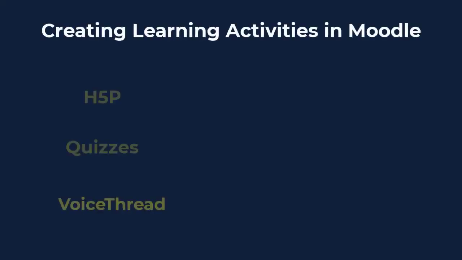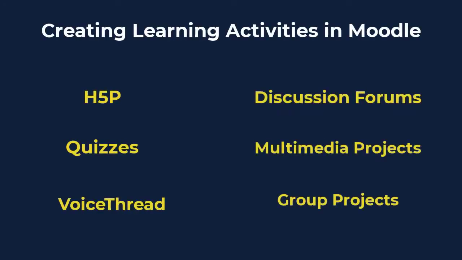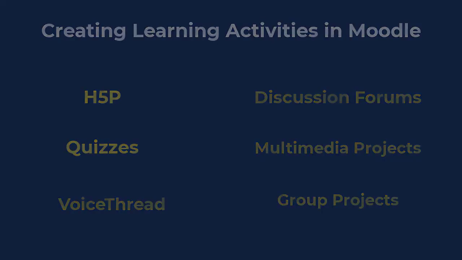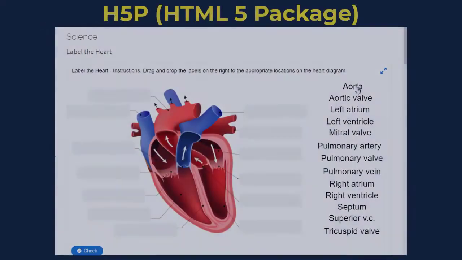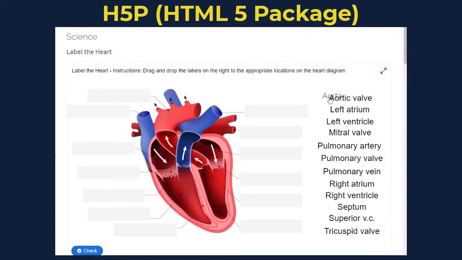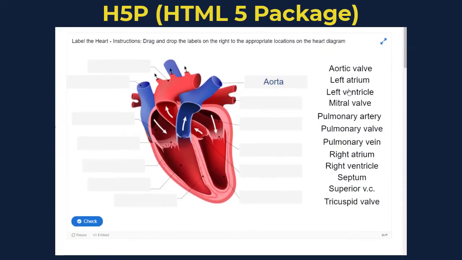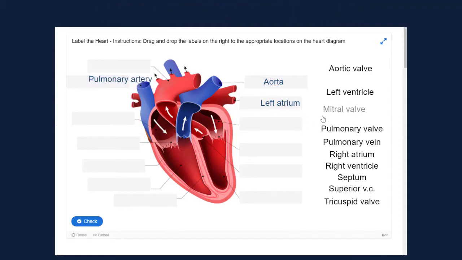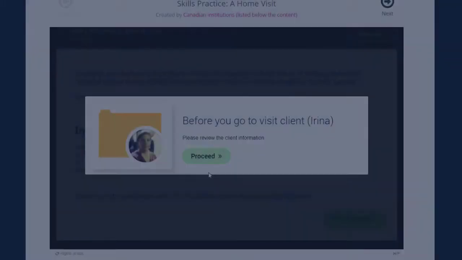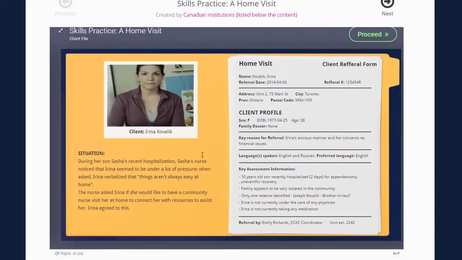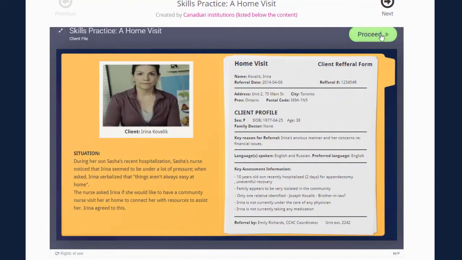Next, we're going to cover some various activities and tools that are available in Moodle to help you create your engaging learning activity. H5P, short for HTML5 Package, is a plugin tool that helps produce and run interactive content within Moodle and can be used to create embedded quizzes and games, slideshows and simulations, and annotated videos.